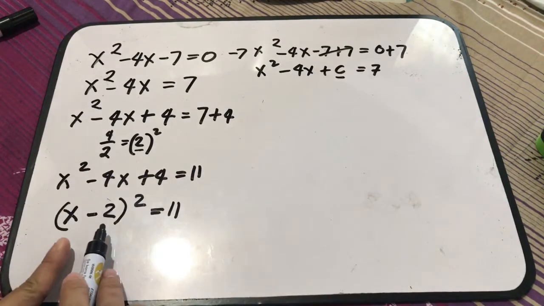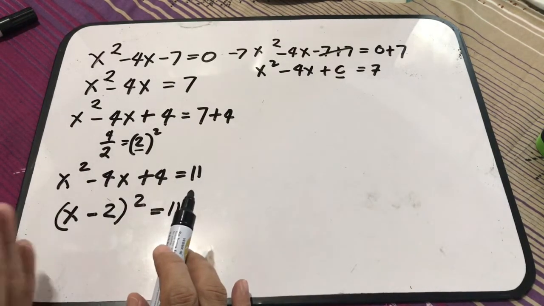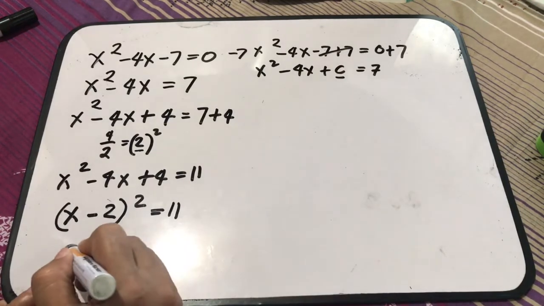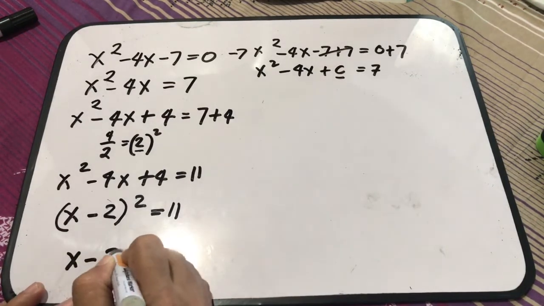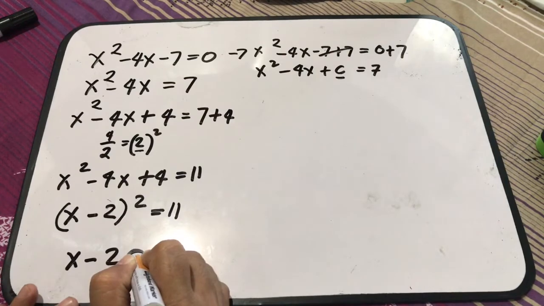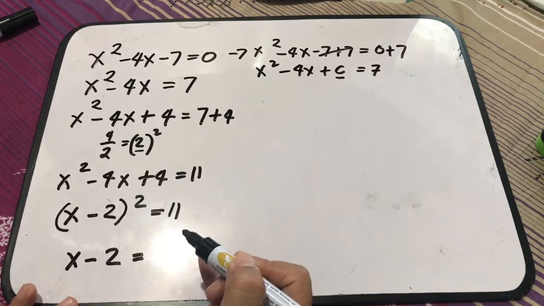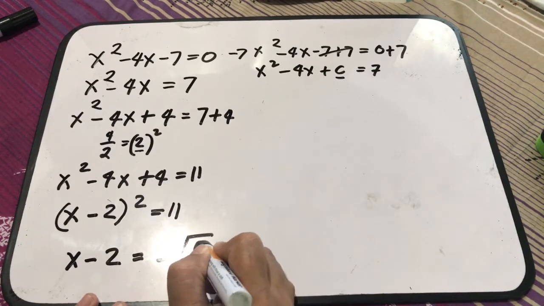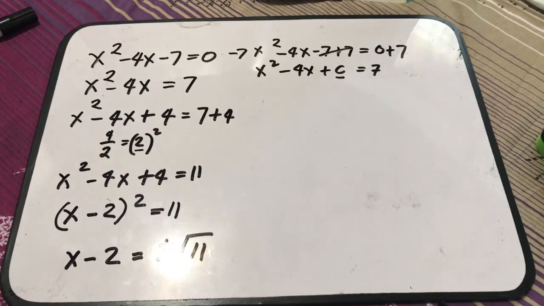Now, what is the value of x? If you can see this equation, recall, again, solving quadratic equations by extracting the square root. So this becomes x minus 2 is equal to plus or minus the square root of 11. How did we do that?